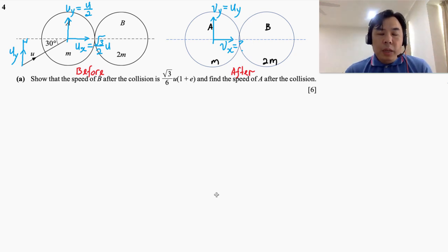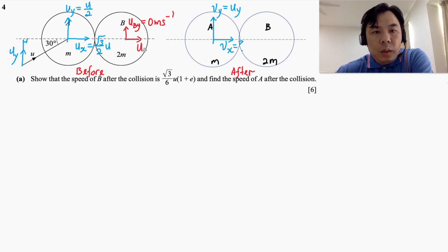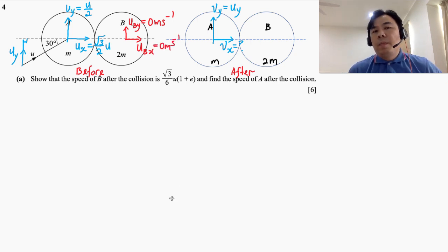And then as for B, exactly the same. The initial component for B, uby here is 0. And then ubx is 0 also, initially. Right?